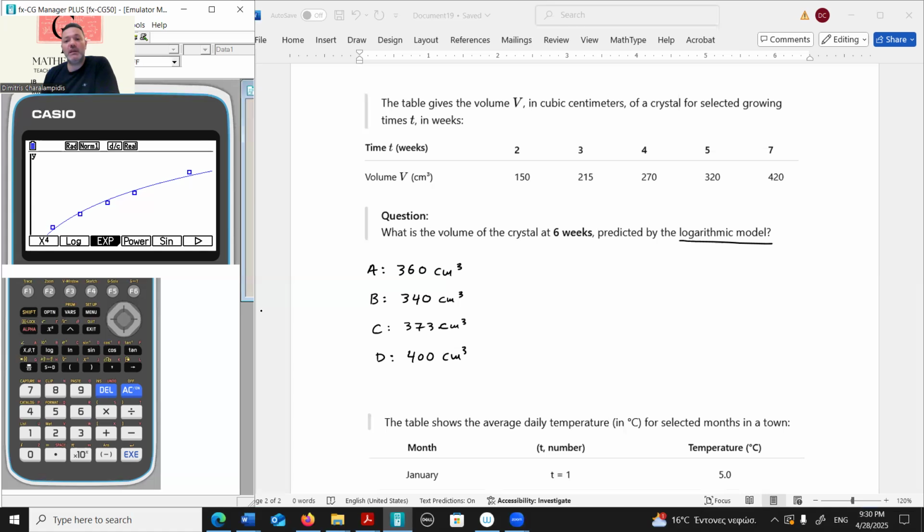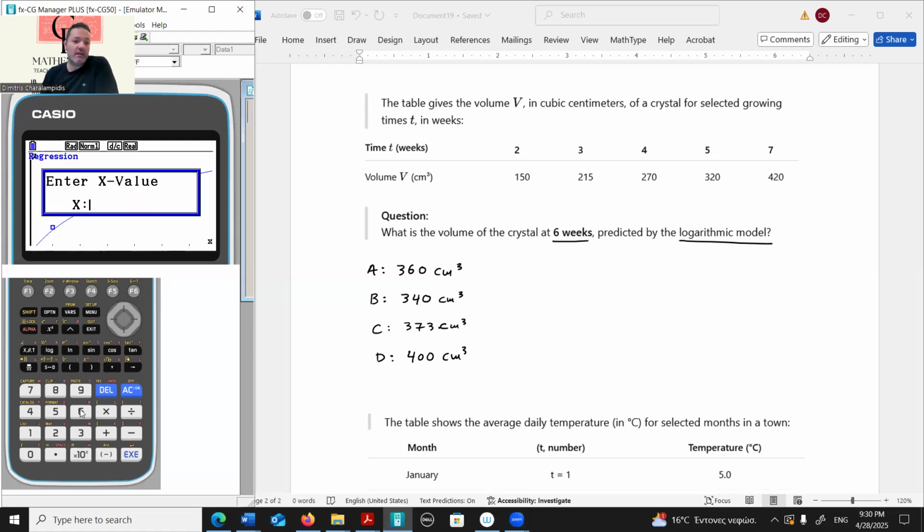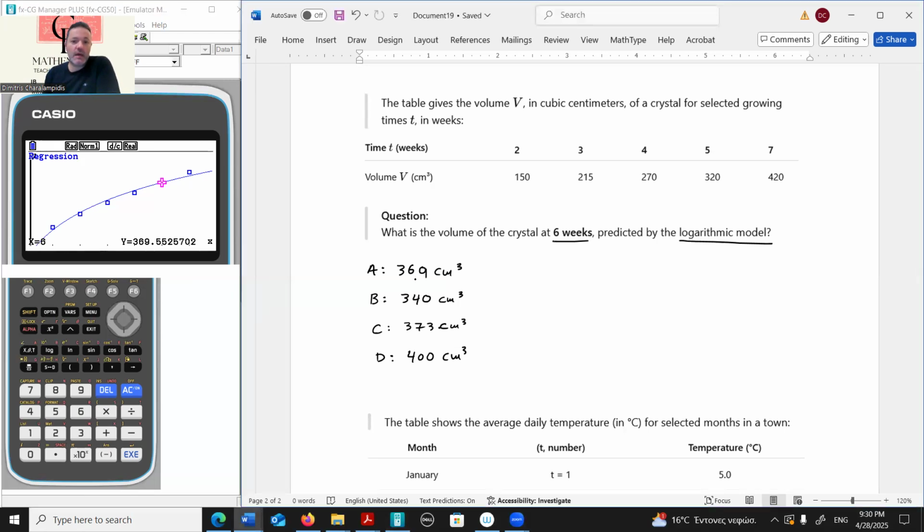And since we need a specific value, we will click on Shift, G-Solve, Y-Cal, and then that specific value, x equals 6. The answer is 369.55. 369, that would be A.